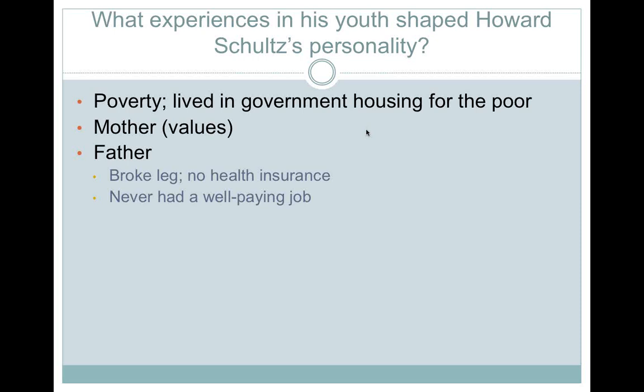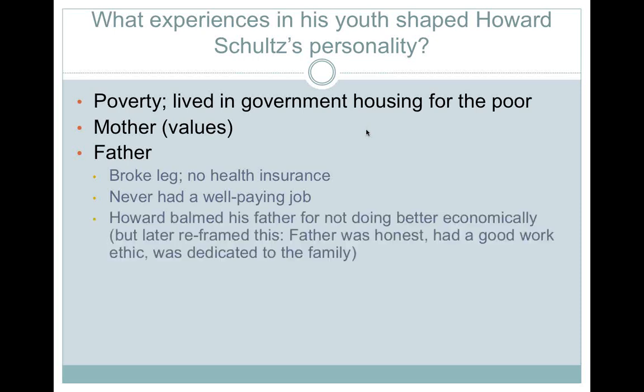Now, he changed those feelings when he grew older. He reframed his perspective. He saw his father as actually having been honest and having a good work ethic and being dedicated to the family. But he had arguments with his father when he was growing up.